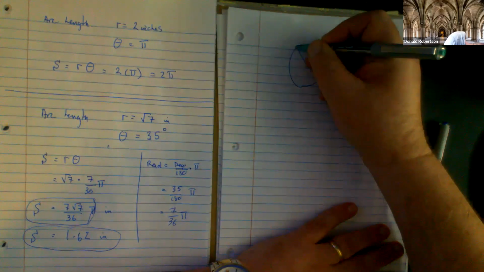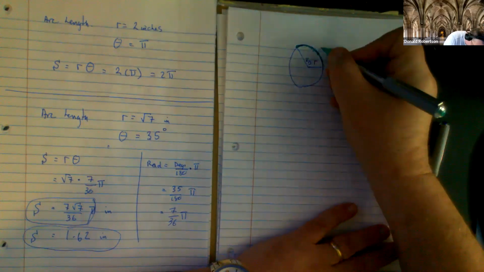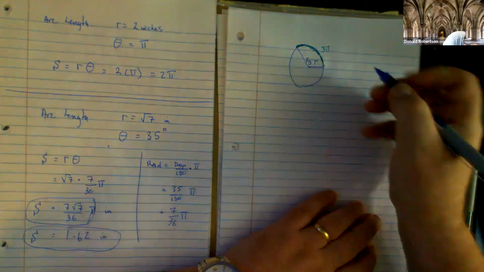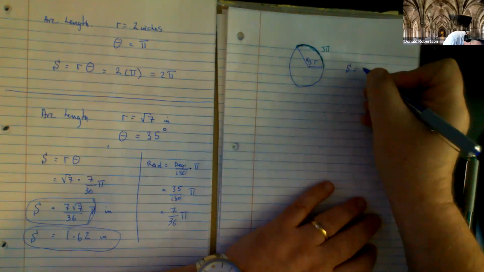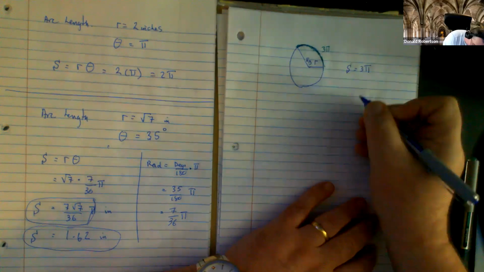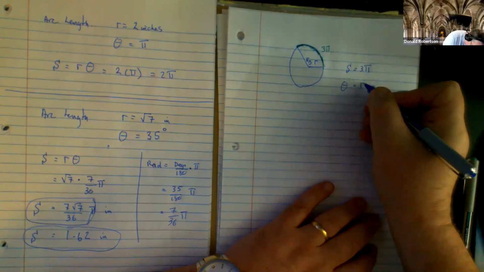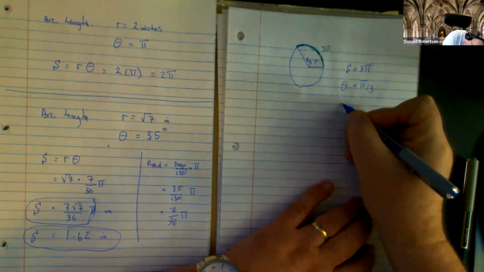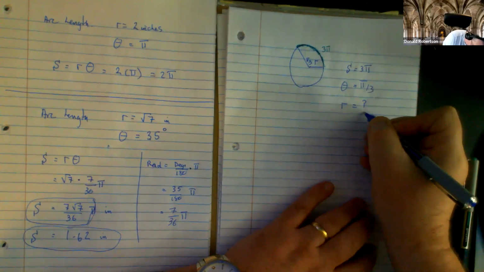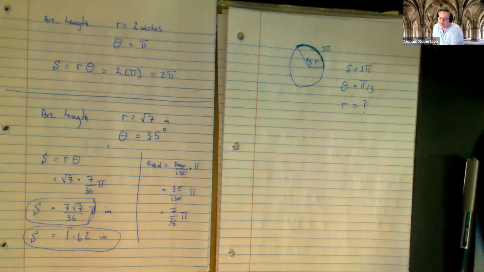And the arc length, which is this guy, happens to be 3 pi. So I know the arc length, I know the angle. What I don't know, and what I'm going to try and find, is the radius.